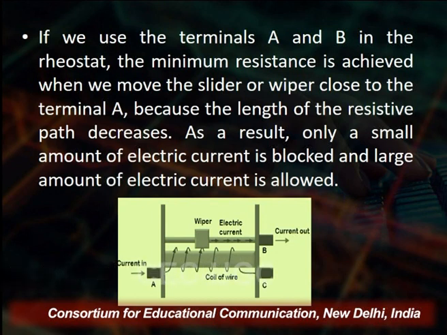As a result, only a small amount of the electric current is blocked and a large amount of electric current is allowed. Now you see here that if the resistance is less, then the length is less, but the current value is high. So a large amount of current will flow in the circuit when the length is less as well as when the resistance is less.